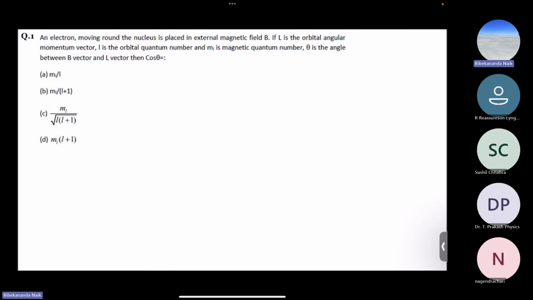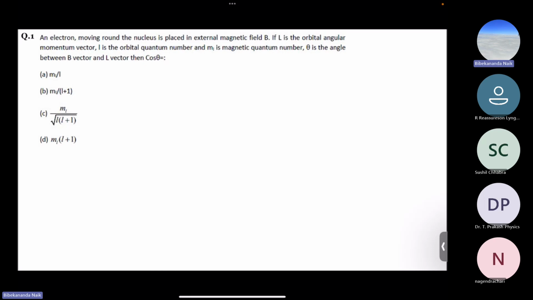So let's start with the first problem. The first problem says an electron moving around the nucleus is placed in an external magnetic field B. If capital L is the orbital angular momentum vector, small l is the orbital quantum number, and ml is the magnetic quantum number, and theta is the angle between the magnetic field vector and the L vector, then what will be the value of cos theta?